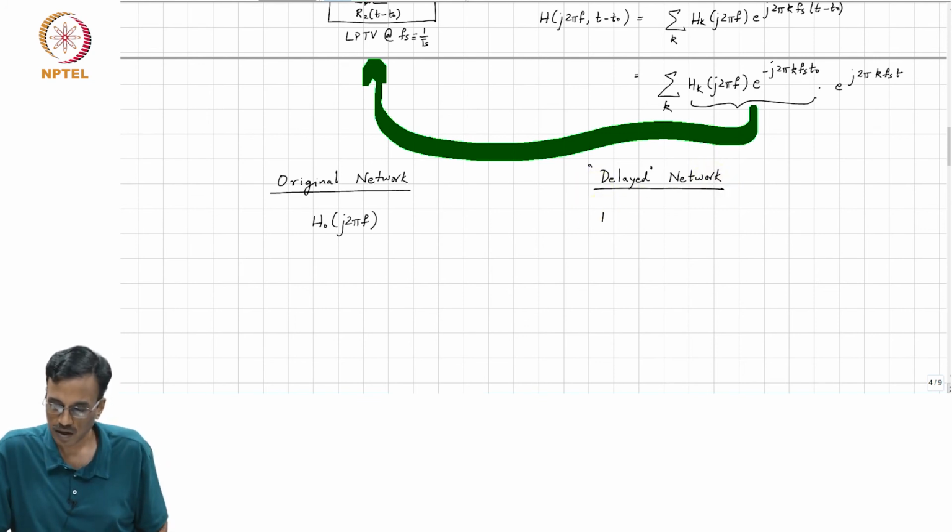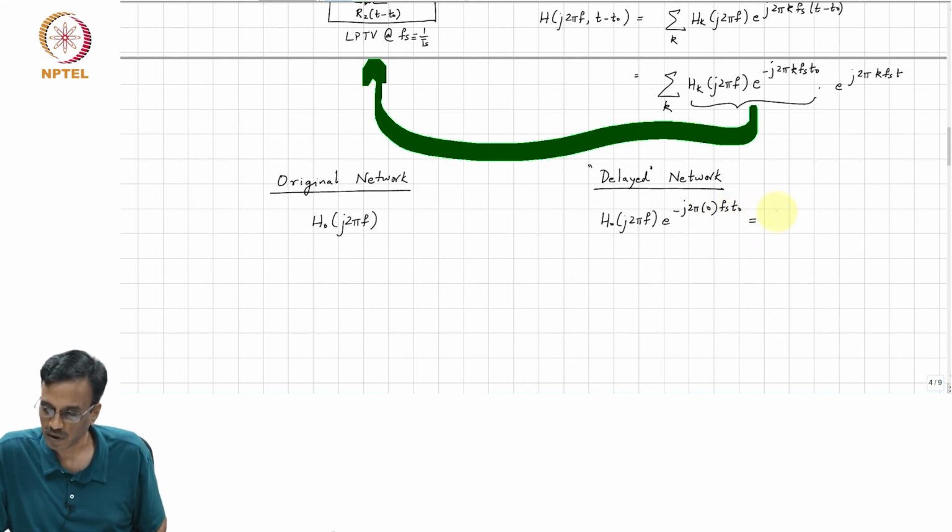It is nothing but H0 of j2 pi f times e to the minus j2 pi k 0 times fs times T naught, which is therefore the same as H naught of j2 pi f, right.